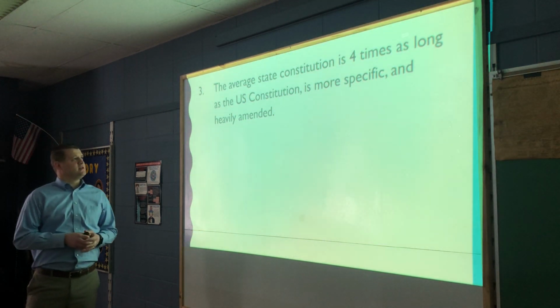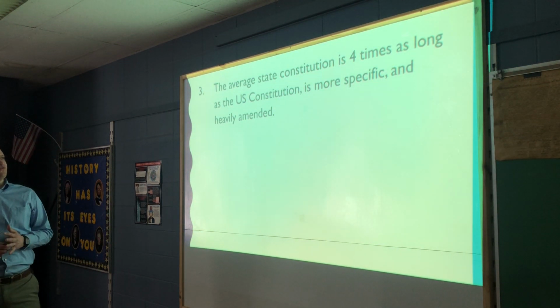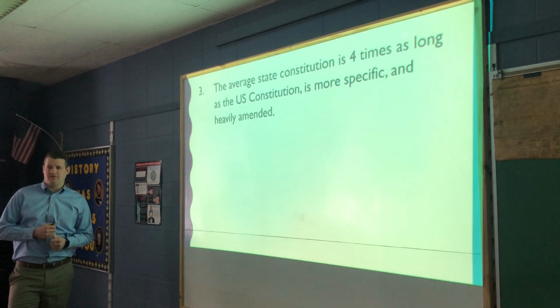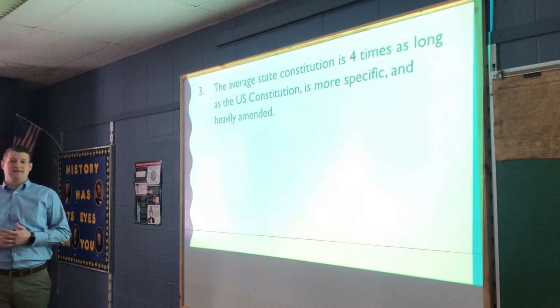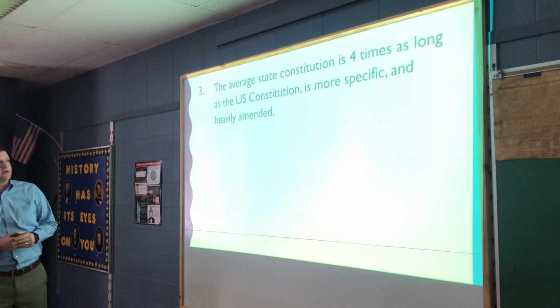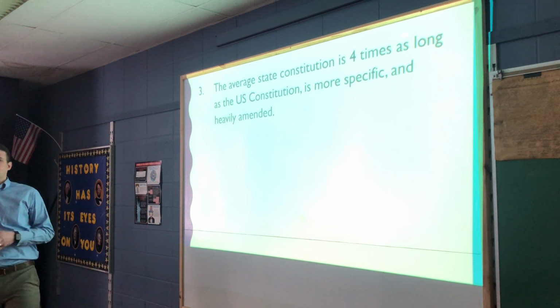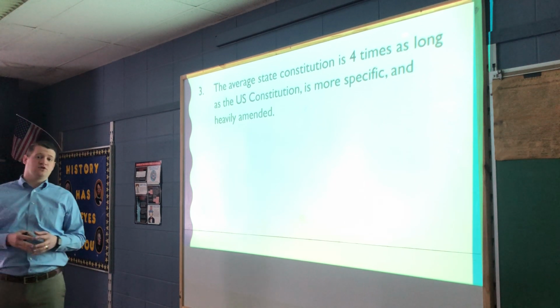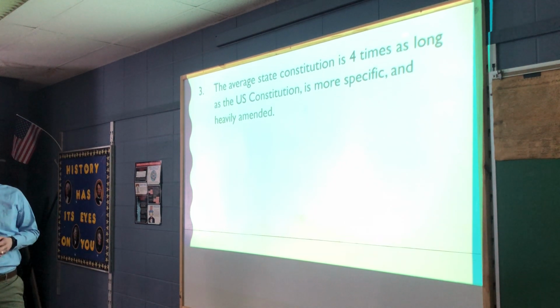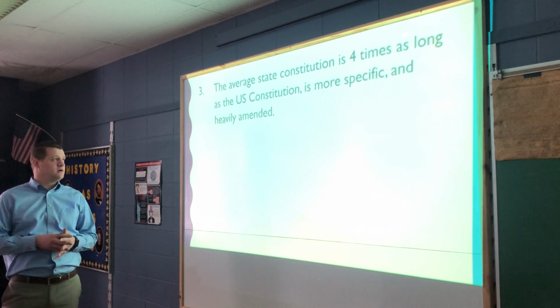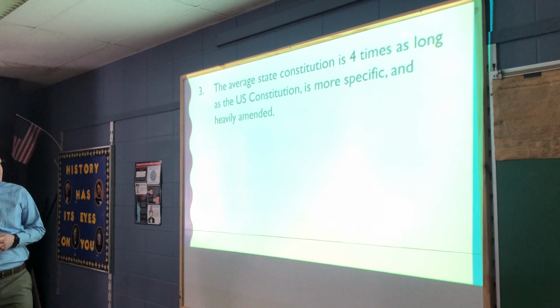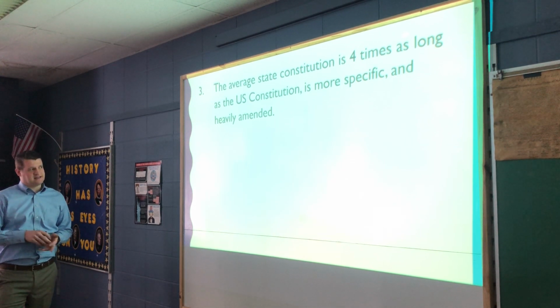Okay, number 3, the average state constitution is 4 times as long as the U.S. Constitution, is more specific and heavily amended. Of course, we have 50 states in the country, and the United States Constitution is more general, applies to the whole country, but the state constitutions are more specific, and so that being said, they are on average 4 times as long as our United States Constitution, and heavily amended.